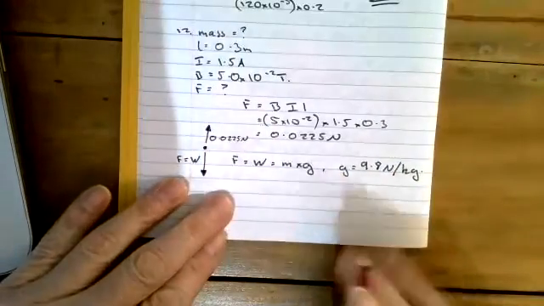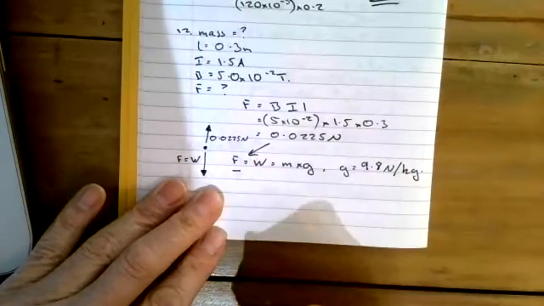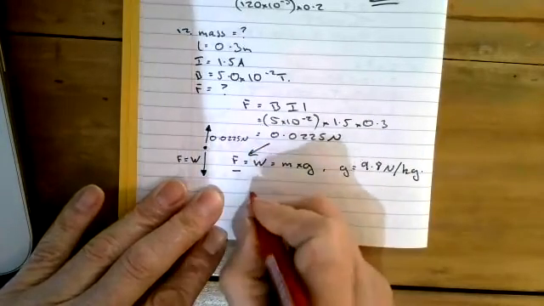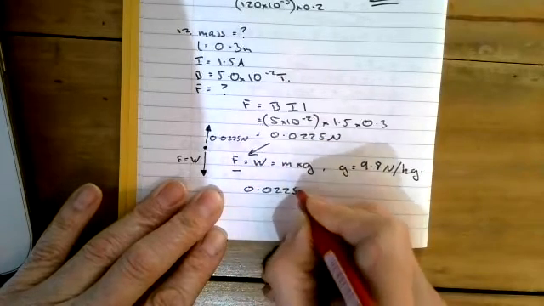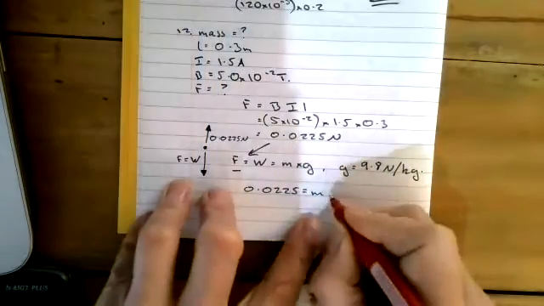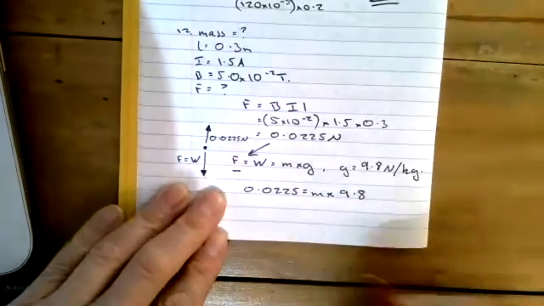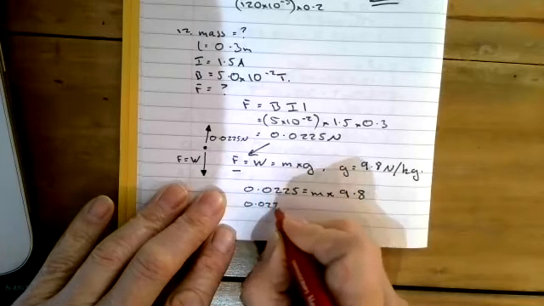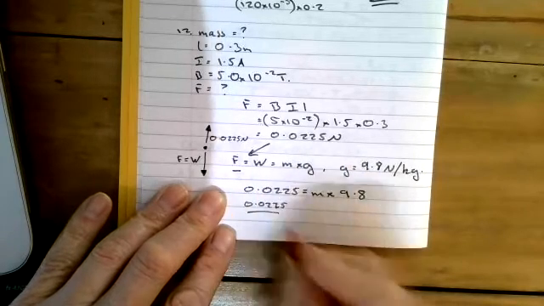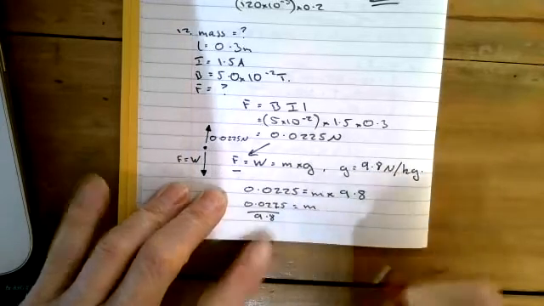So I know my force because I've calculated it here. So I can take 0.0225, and that's equal to mass times 9.8. Rearranging this, I can see that it is 0.0225 divided by 9.8, and that will equal mass.